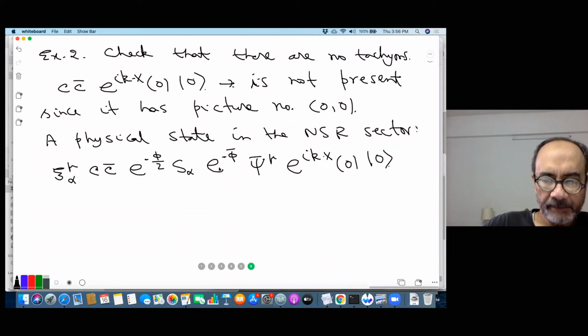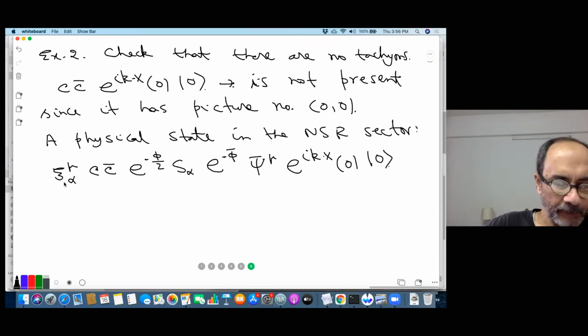This has the correct picture number. You can see the picture number -1/2 and -1. It has a correct ghost number. It satisfies GSO because this is GSO even, and psi bar mu is GSO even.